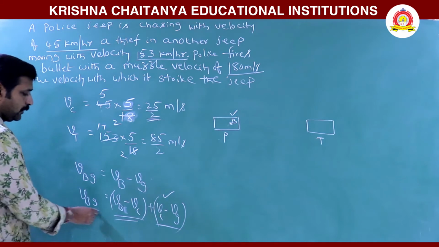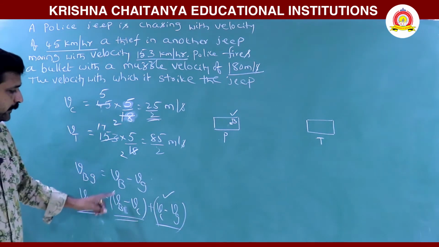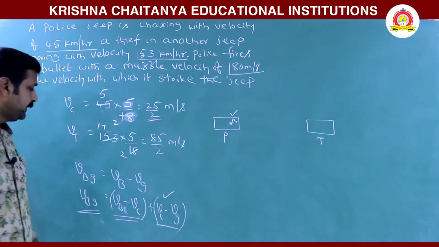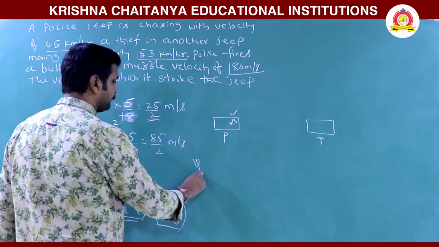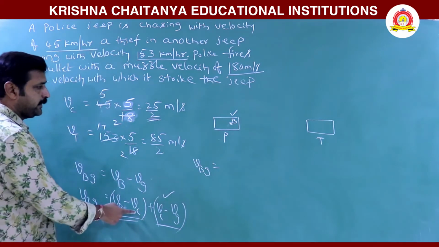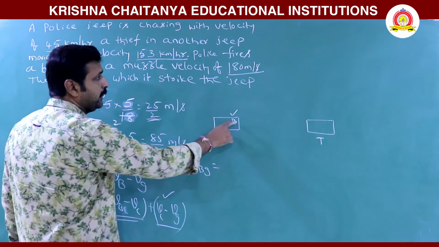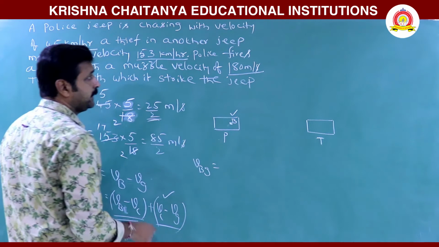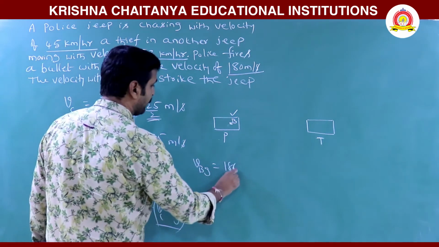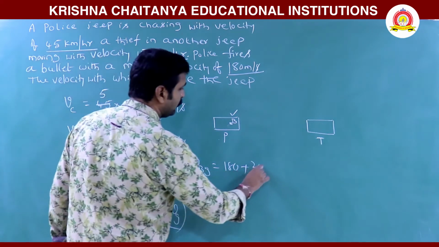So what is the total bullet velocity with respect to ground? Here we can write Vb minus Vc plus Vc minus Vg, meaning Vbg. Vb minus Vc is the velocity of the bullet with respect to the cop jeep, since the bullet emerged with 180 meter per second from the jeep. So this is 180 plus Vc minus Vg, 25 by 2.